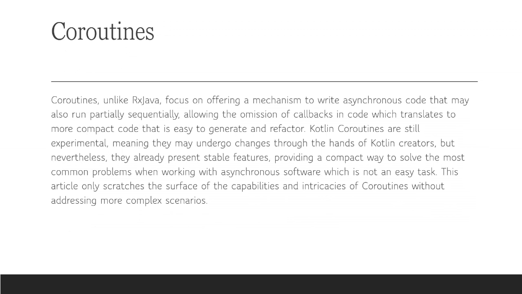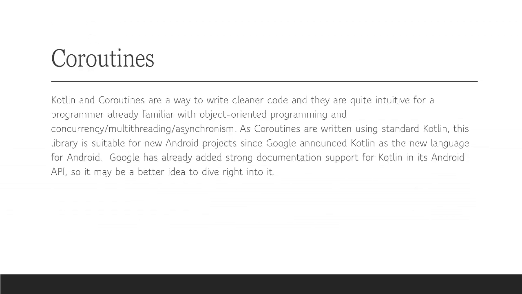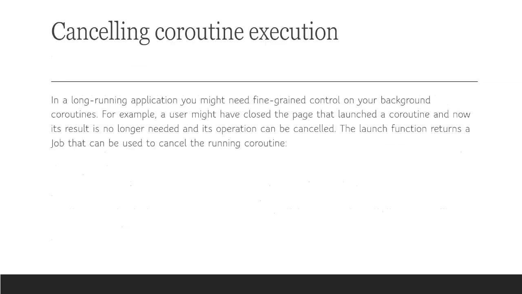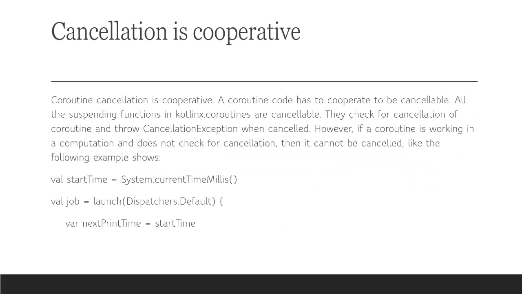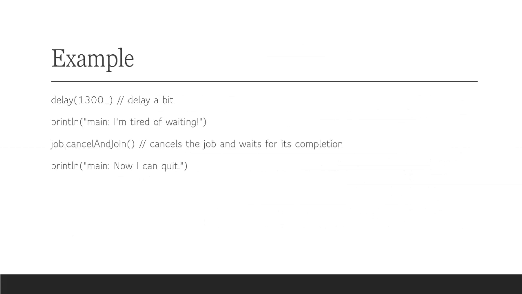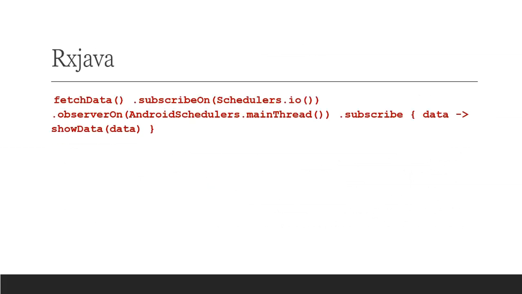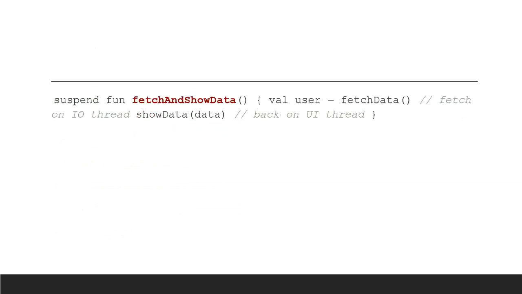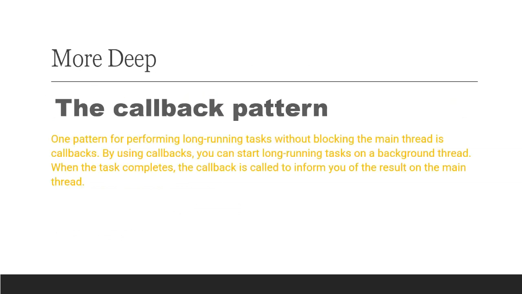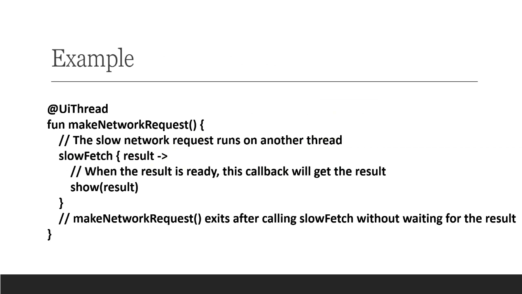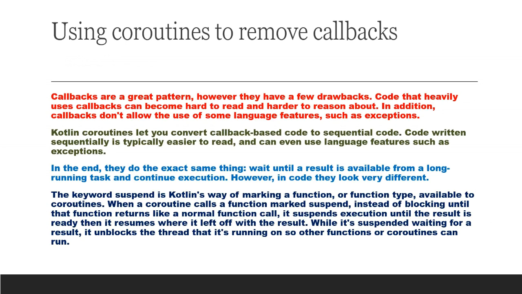These are all the differences between cancellations and a lot of stuff. Okay, now we discuss callbacks first, then we go for the differences between RxJava and coroutines.